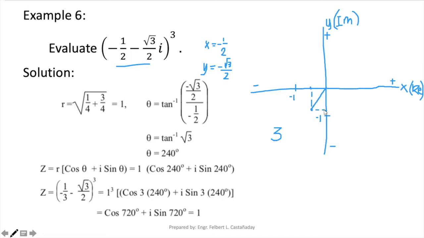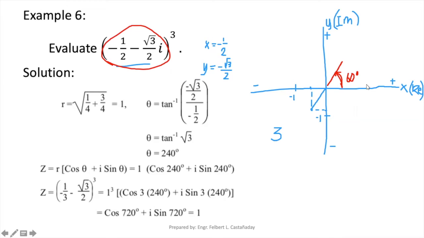Now, again, this video is for me to explain the argument theta. If you get arctangent of square root of 3, you will get +60. So +60 is located here, with the reference on the positive x-axis. The argument 60 degrees is located in the first quadrant. But we're talking about this complex number, which is in the third quadrant.